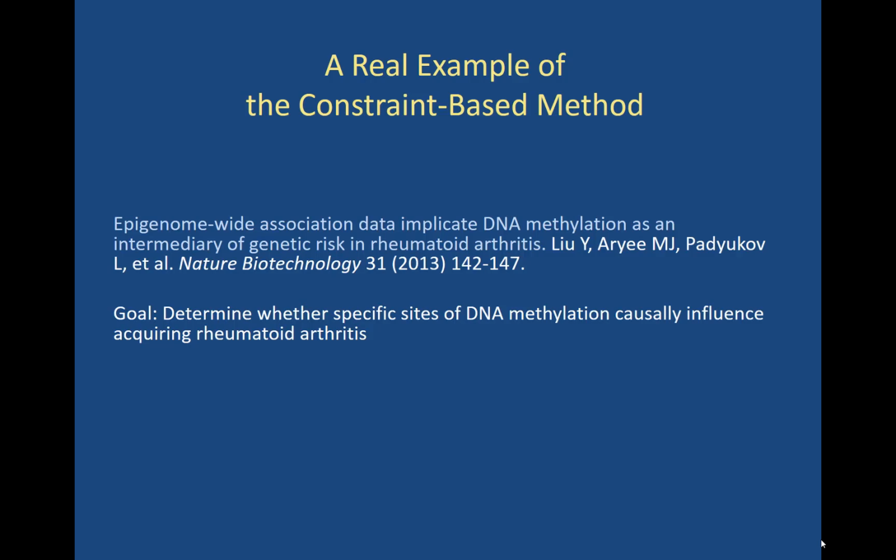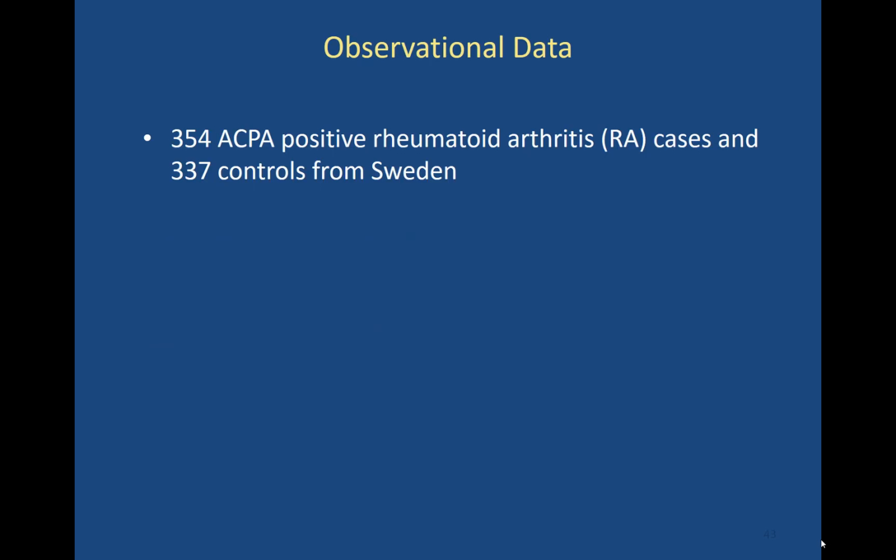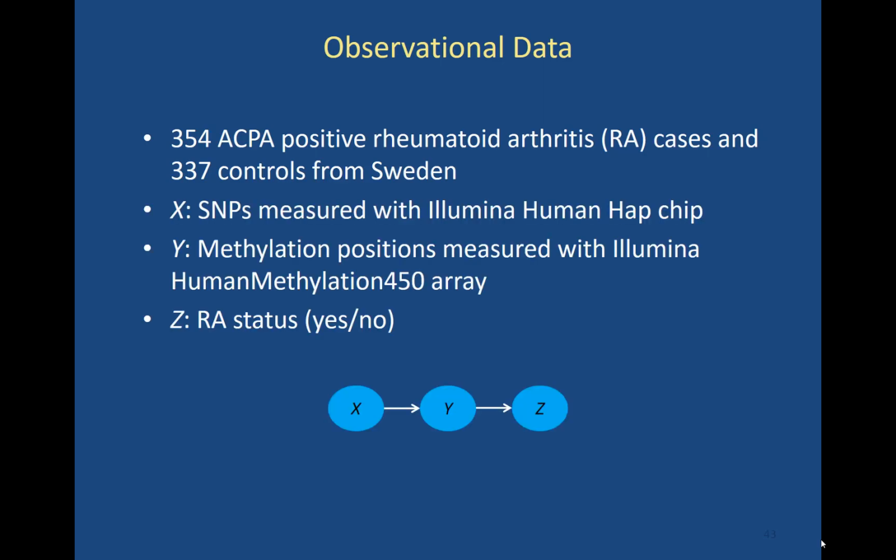And they did use the three-variable approach in much of their analysis. In particular, they used observational data of 354 positive rheumatoid arthritis cases and 337 controls from patients in Sweden.